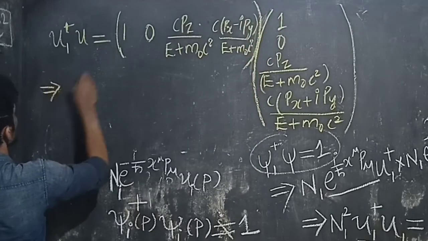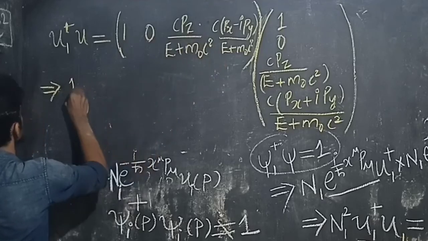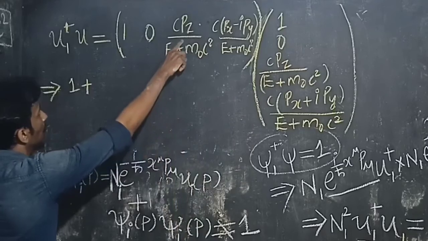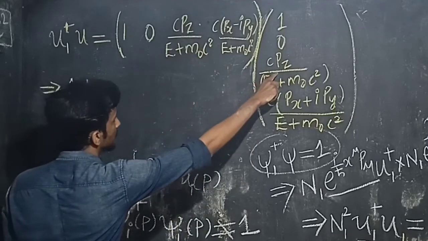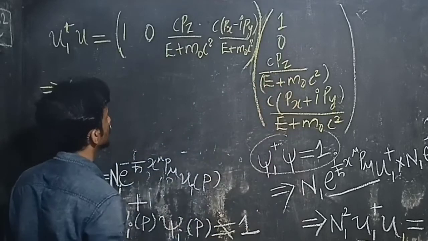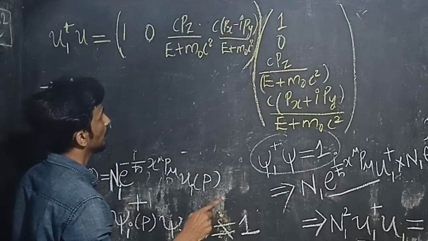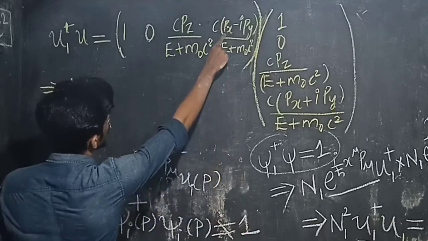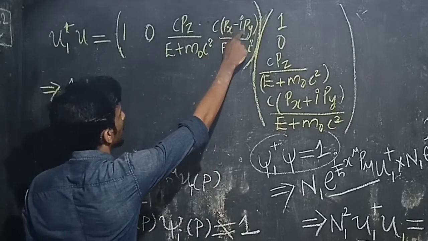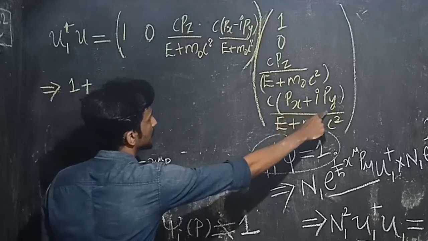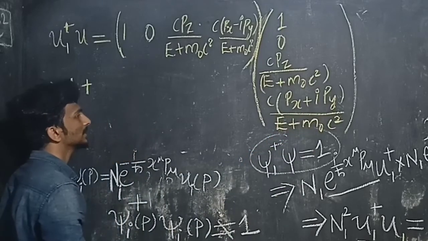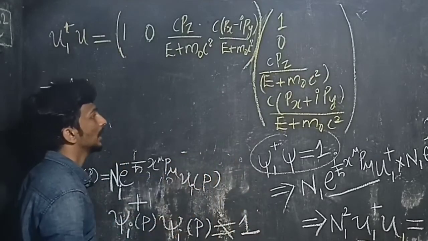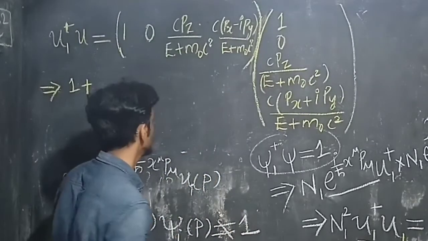This gives 1 plus 0 times 0, and this c pz times c pz over E plus m naught c square is c square pz square over E plus m naught c square whole square. And also you can see that px minus i py times px plus i py is actually px square plus py square, because you know that a minus ib times a plus ib is a square plus b square.